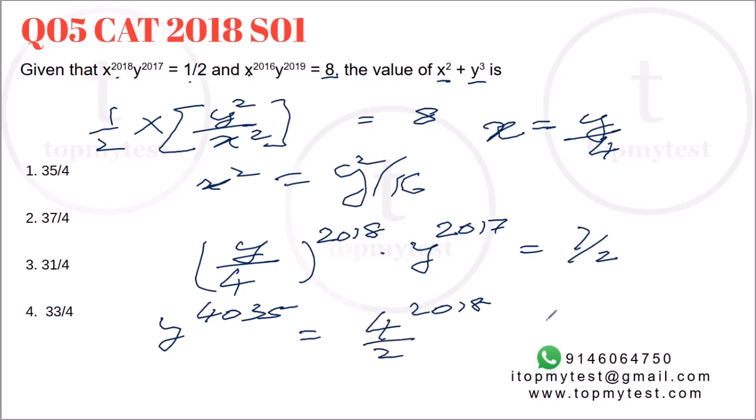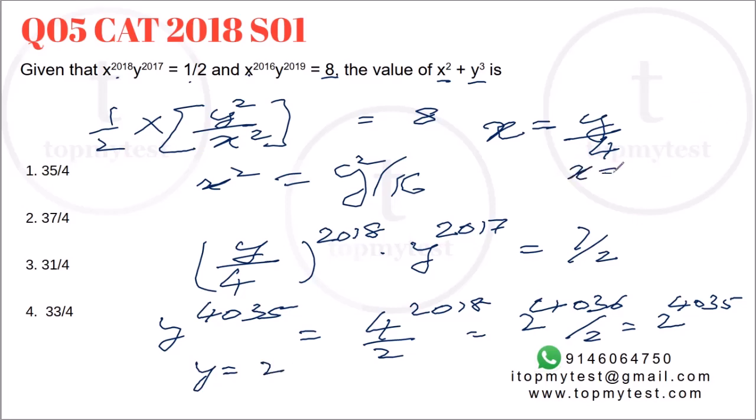Now 4 is 2 square, so I can write it as 2 square to the power 2018, which is 2 to the power 2 into 2018, which is 4036, divided by 2, which is 2 to the power 4035. So y to the power 4035 equals 2 to the power 4035. So y should be equal to 2.